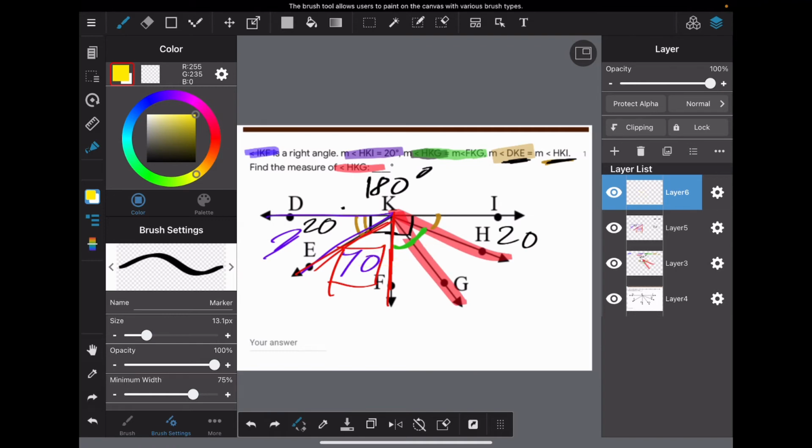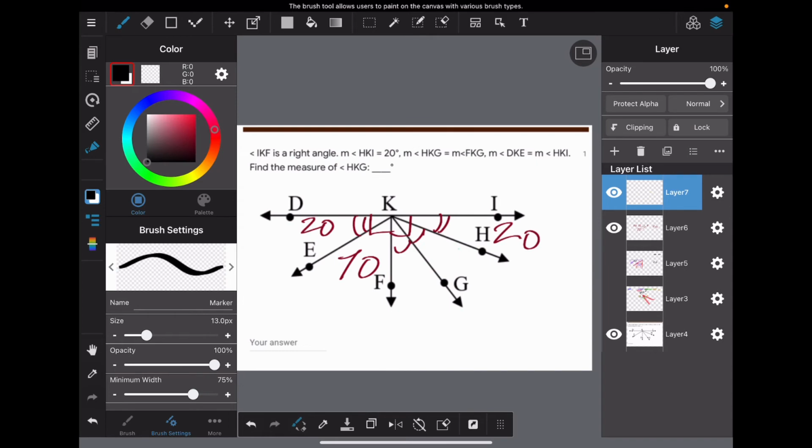Because 90 minus this angle is 20, and 90 minus these angles is also 20. So we know that the measure of FKG plus GKH is 70. Now I'm going to erase all this for your convenience. There we go. I'd say that's a bit neater.